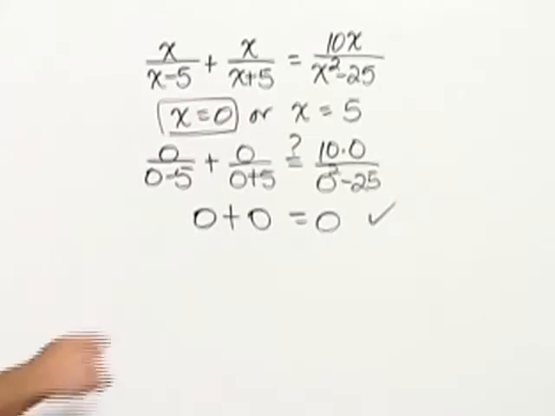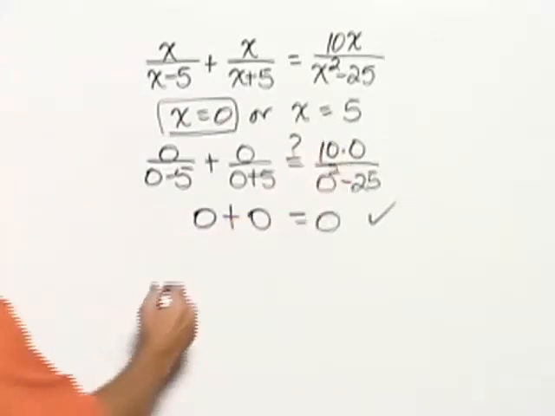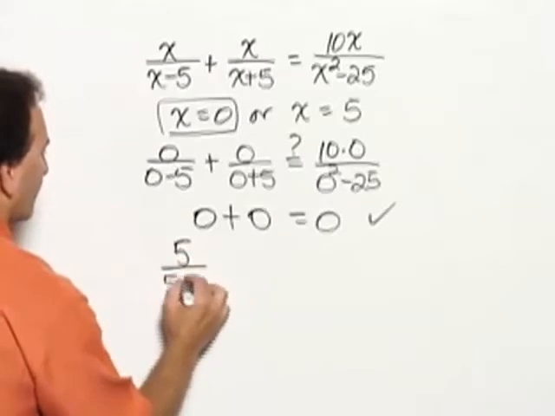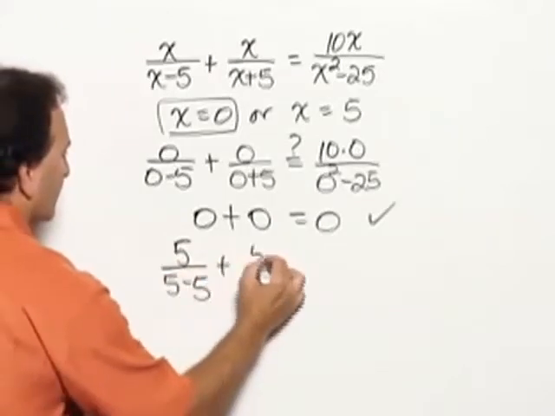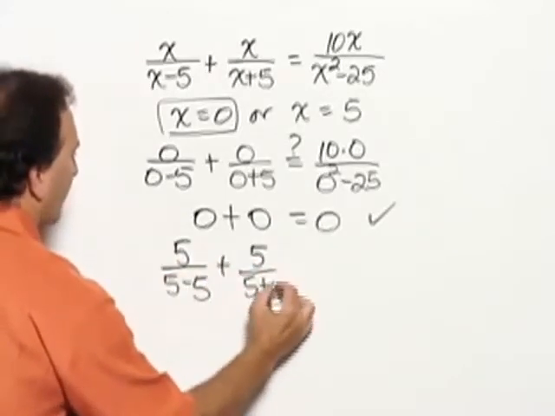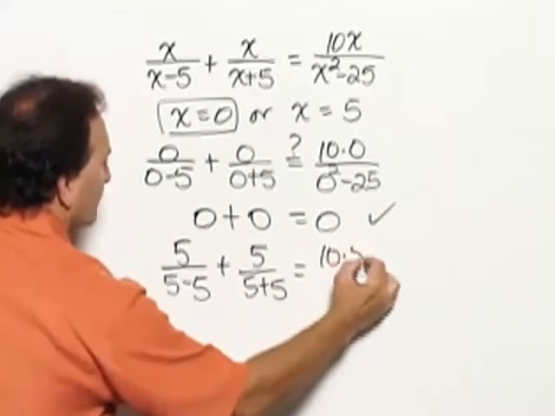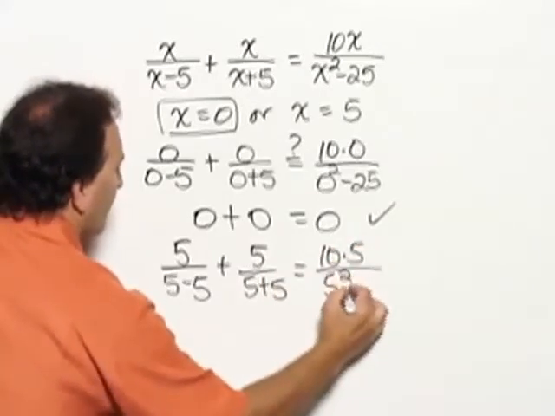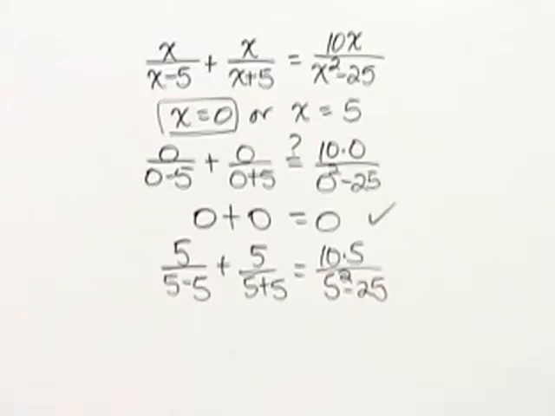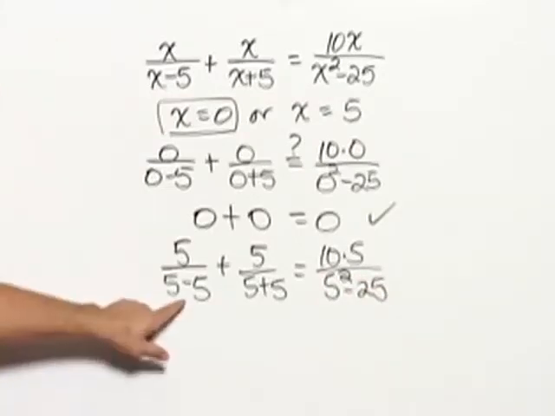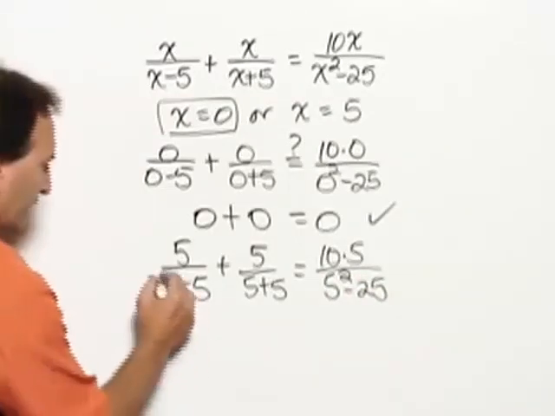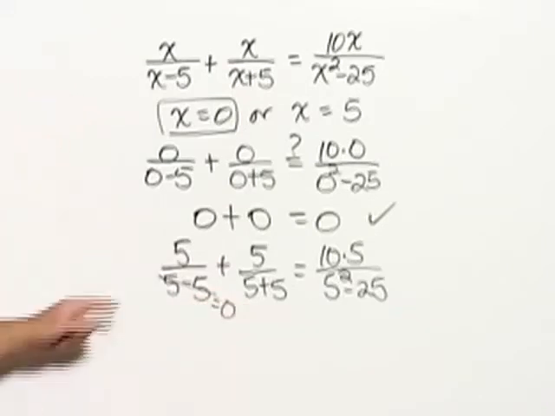Now let's check x equals 5. This would give us 5 over 5 minus 5 plus 5 over 5 plus 5, and that equals 10 times 5 over 5 squared minus 25. Well, right away, you see 5 minus 5 is equal to 0, and that means that this is undefined.